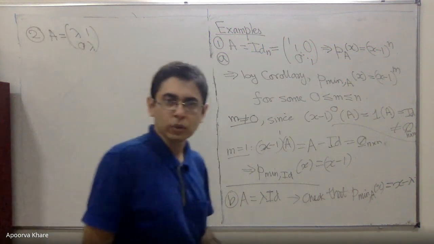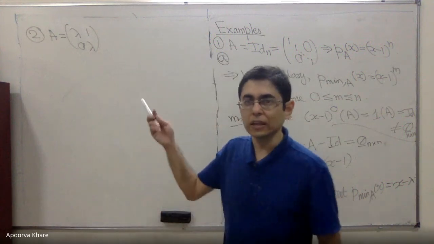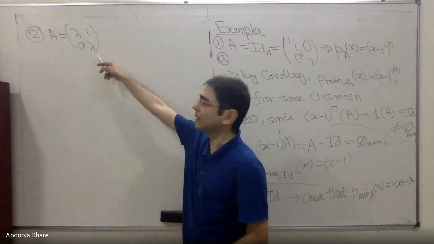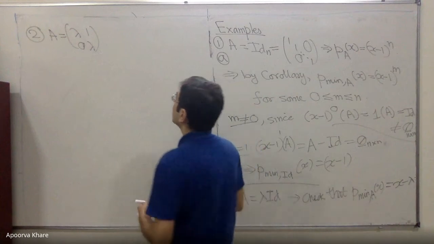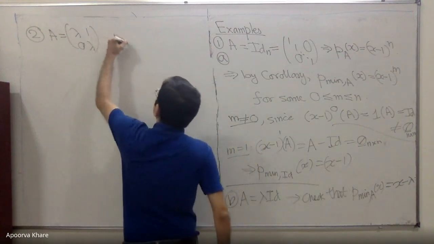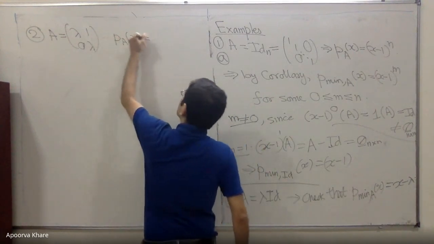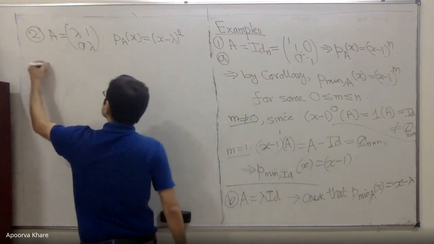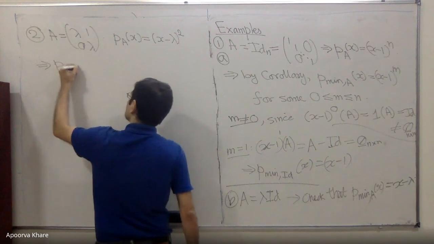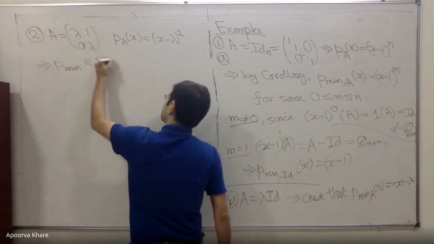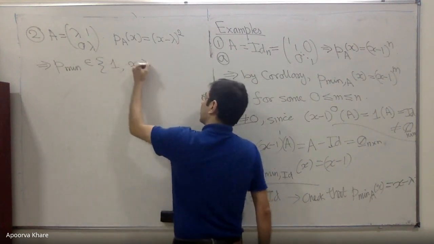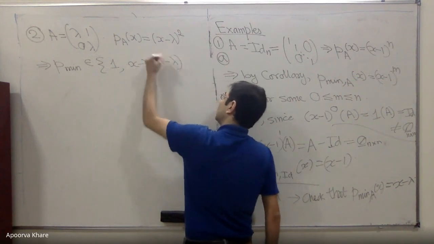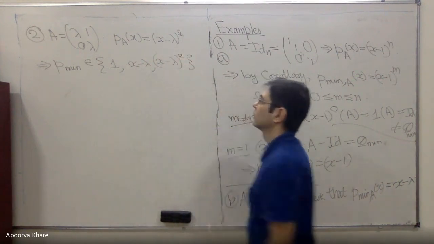In this case, again, you can use the corollary. The characteristic polynomial P_A is x minus lambda squared, which means that P min is one of three possibilities: the polynomial 1, or x minus lambda, or x minus lambda squared.